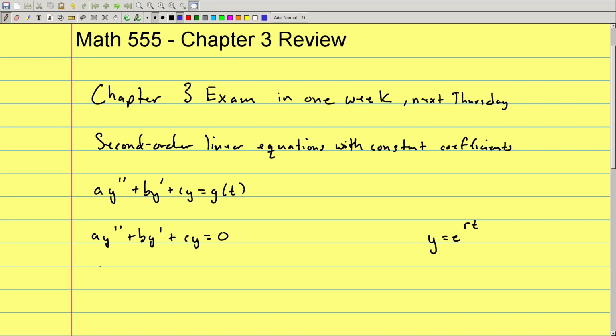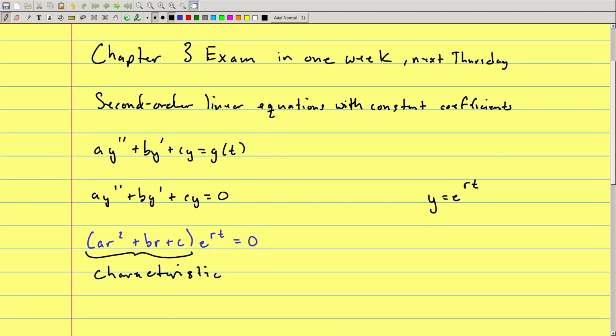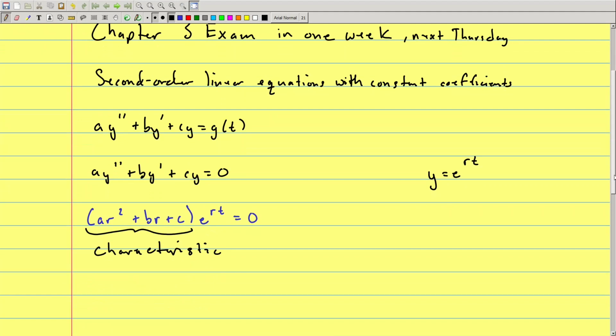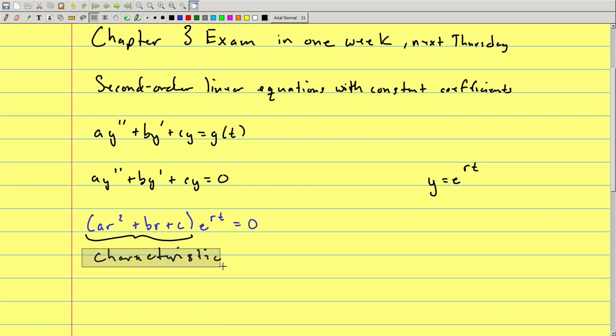If we make that assumption, what we can do is plug this expression in. After differentiating and factoring, we get this expression, and we refer to this part here as the characteristic equation.